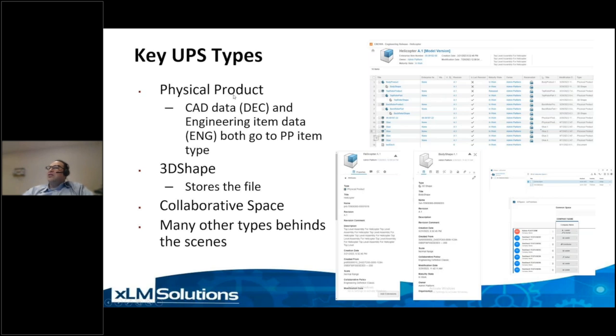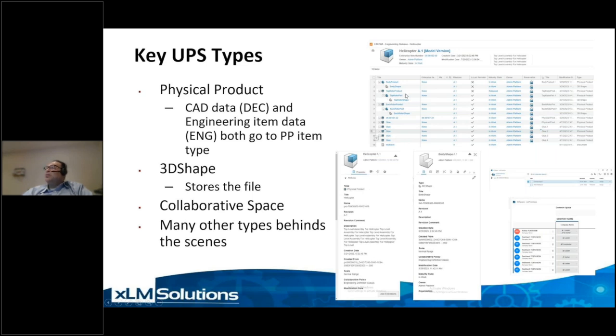Physical products are basically the item and the CAD document model combined into one type. So both your CAD data, your models, and engineering items will be merged into a physical product.